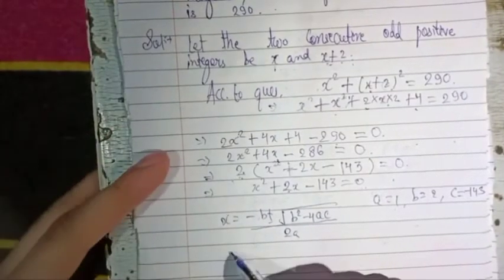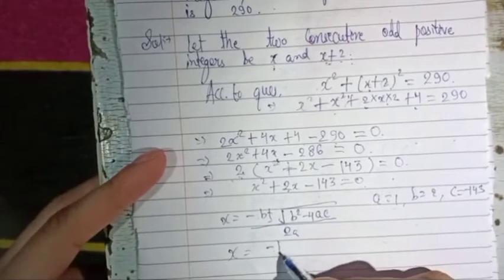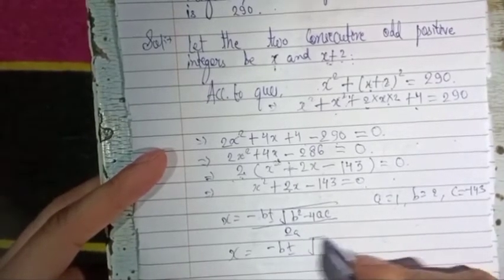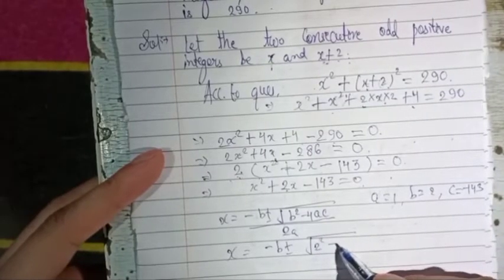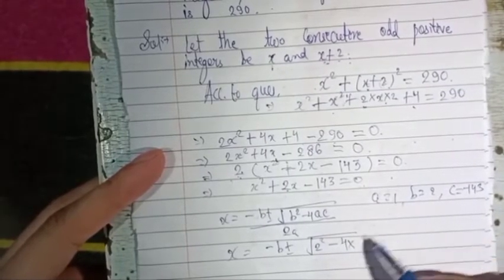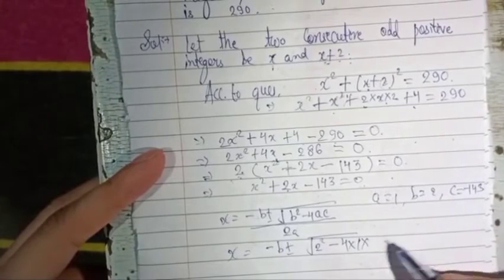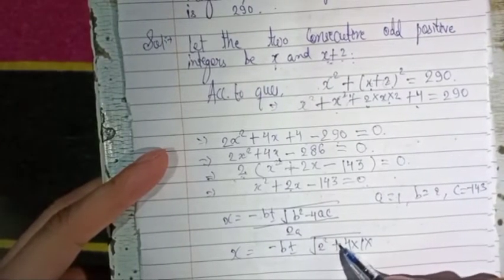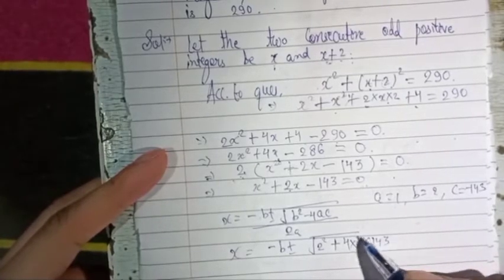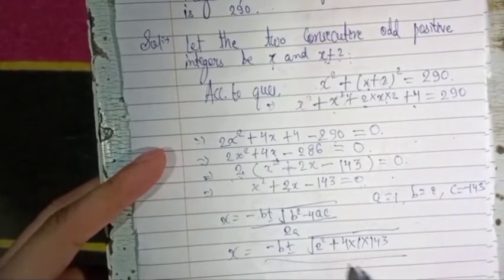So x will become minus b plus minus under root b square, that means square of 2, minus 4, a is 1, c is minus 143, but it is negative, therefore it will become positive here. So 143, and whole divided by 2a.